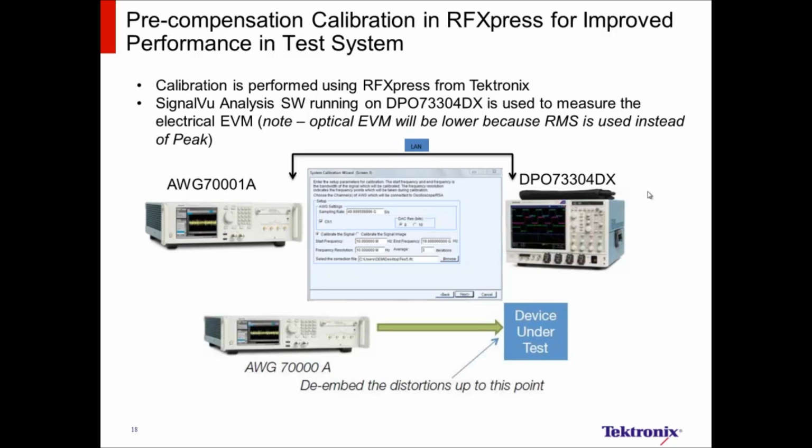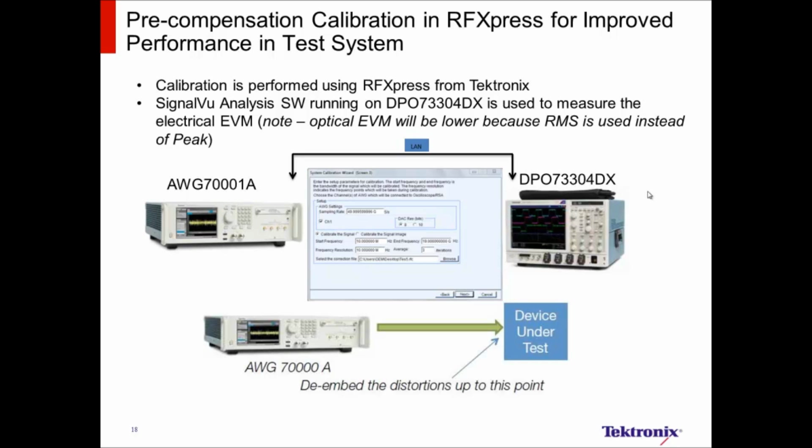The other benefit of doing it this way is you could put something else in between there. Say you want to include the characteristics of the optical modulator. You could get the S parameters of that and put that into the AWG generation, such that now you have a compensated signal with the transmission modulator as part of the compensation.